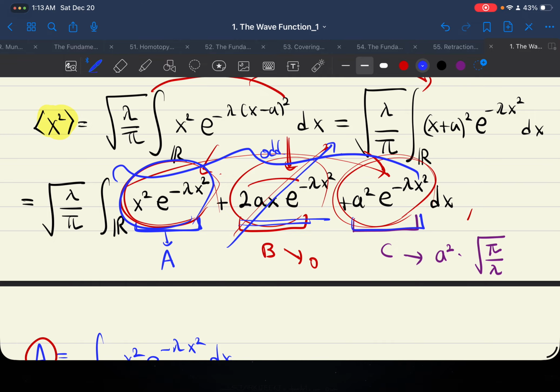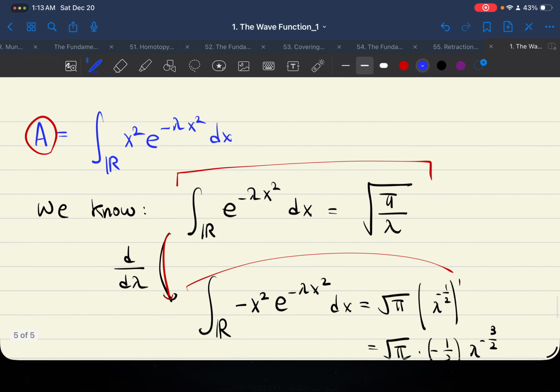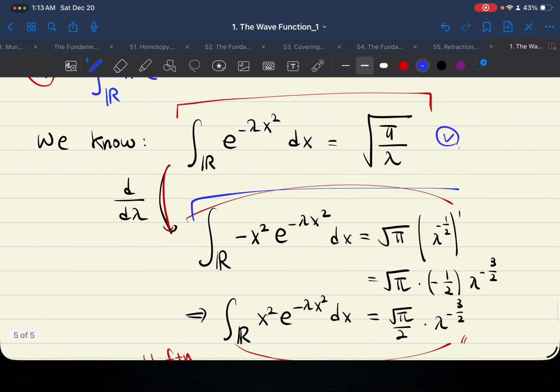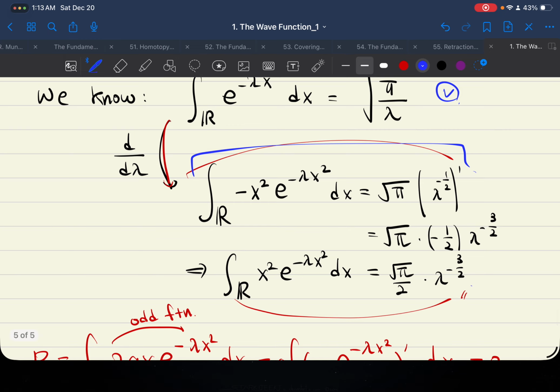So let's take the first part. Let A be the integral over the whole space R of x squared exponential minus lambda x squared dx. We know this Gaussian integral formula, and if we differentiate both sides by lambda, we get this formula. And as a conclusion, we get this.